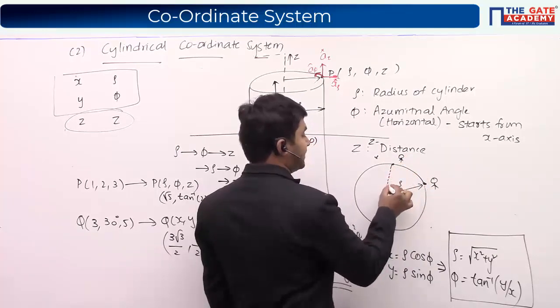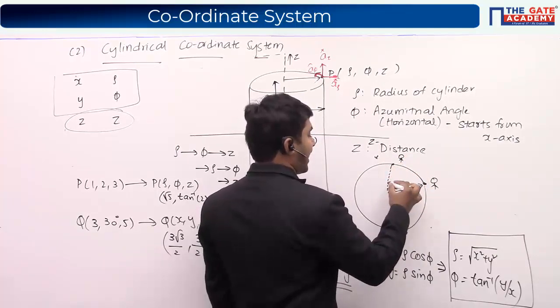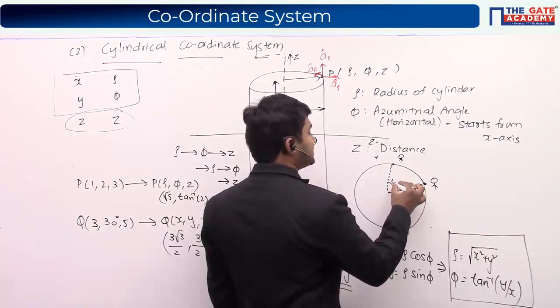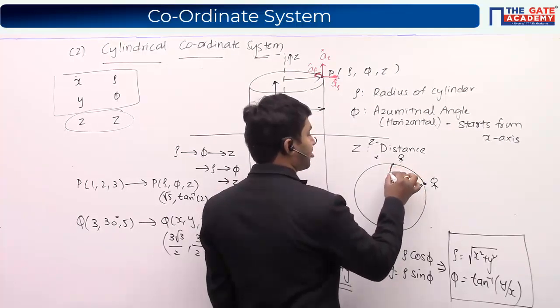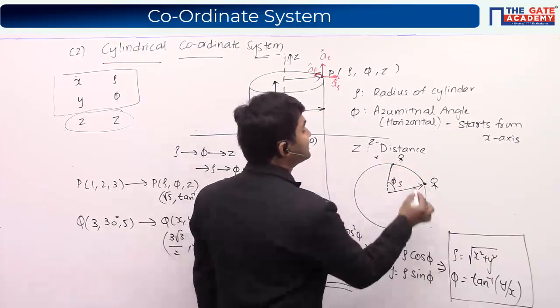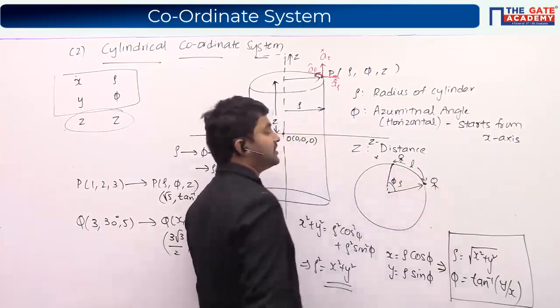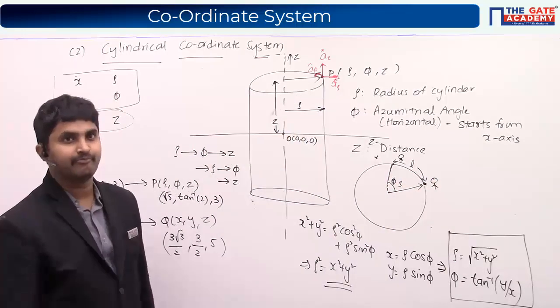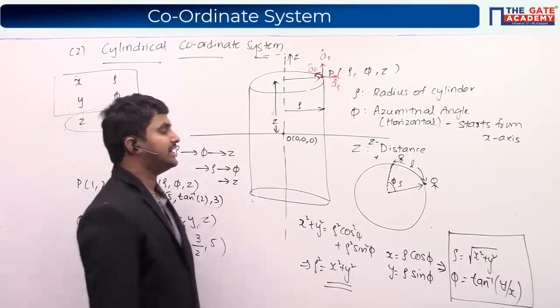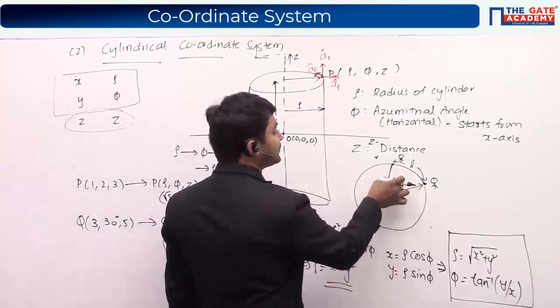If the angle subtended here, let us consider the angle subtended as phi. Then what is the distance which is covered here? Here it is a radius and this angle is phi.